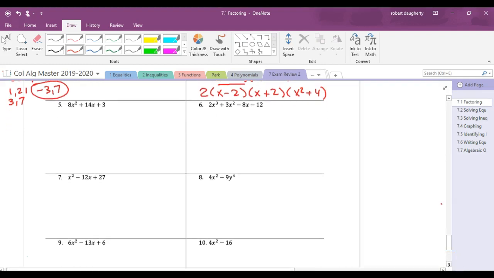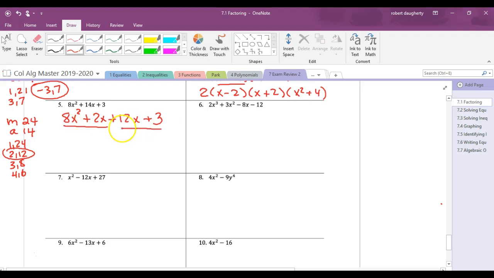If I look at the next one, if this factors, I'm looking for two numbers that multiply to 24 and add to 14. What are the factors of 24? 1 and 24, 2 and 12, 3 and 8, 4 and 6. The only way to add those and get a 14 is with the 2 and the 12. So this is 8x squared plus 2x plus 12x plus 3.